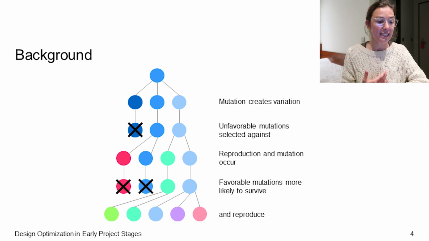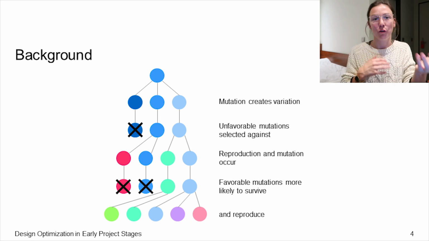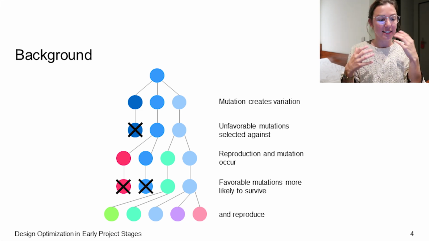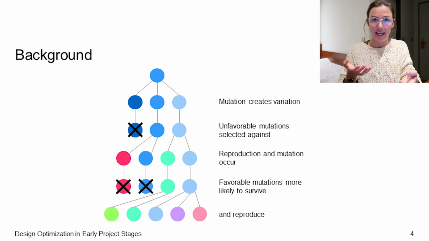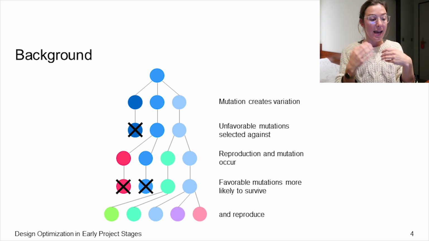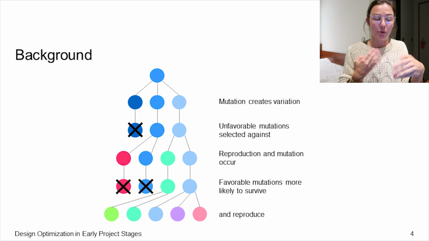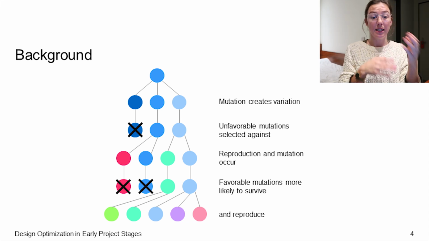Its background lies in the natural principle of evolution. So through mutation we get different variations of genes, and then through natural selection those that don't perform well get ruled out, and this process repeats itself until we end up with a diverse set of very well adapted genes.